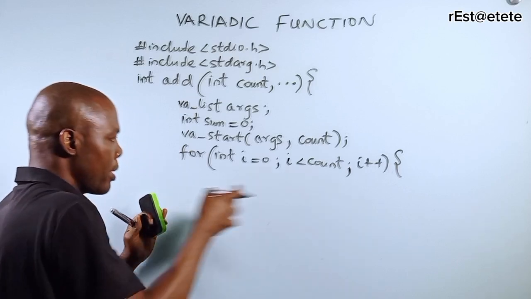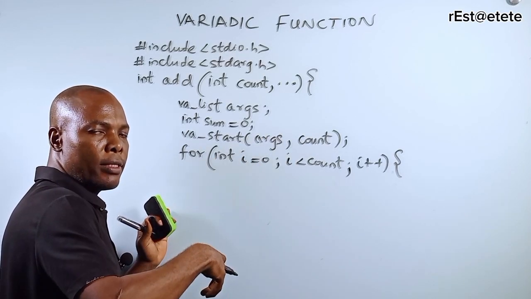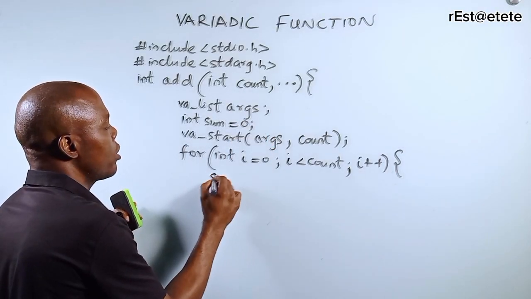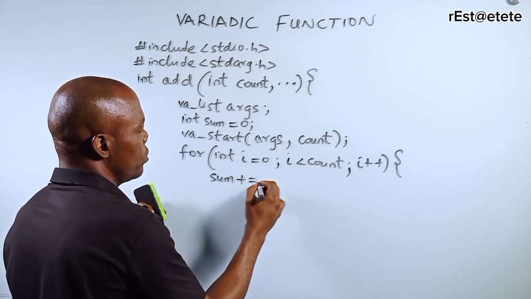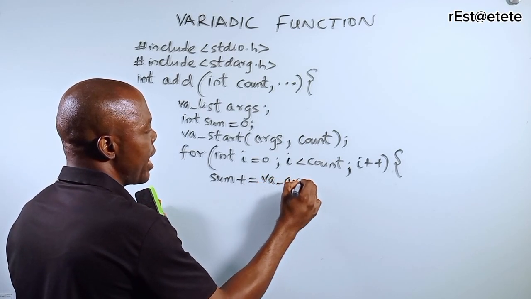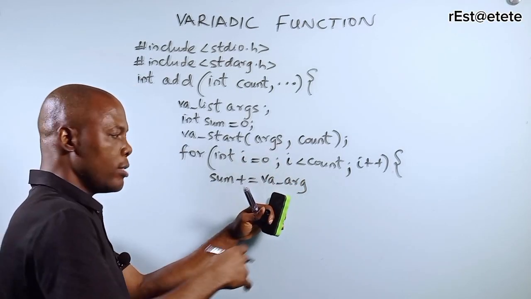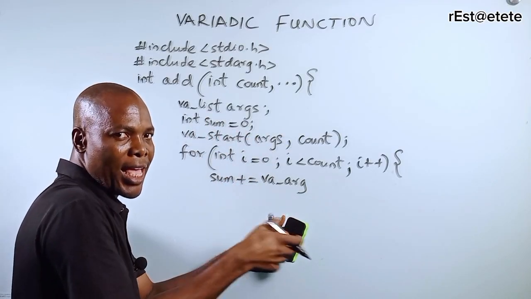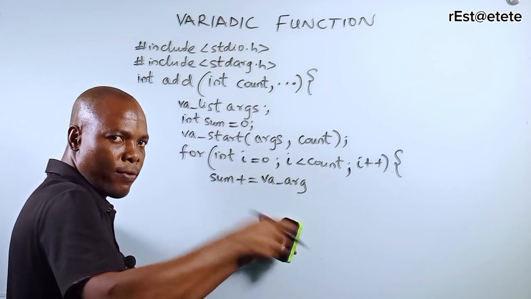Curly bracket. So inside this place, I have to pick the items into this basket, right? So I will say sum plus equals, then I will call my VA arc. So this is a macro I'm going to use to pick into it. Now this is the cashier pulling out from the basket.